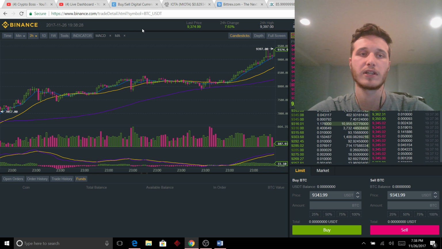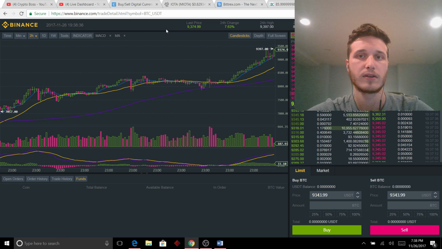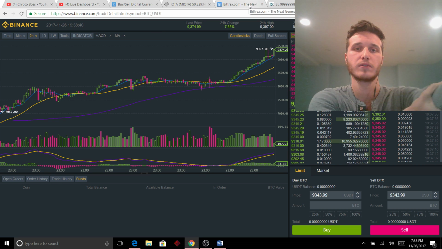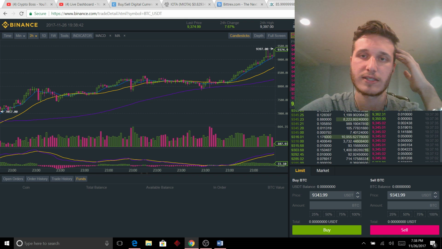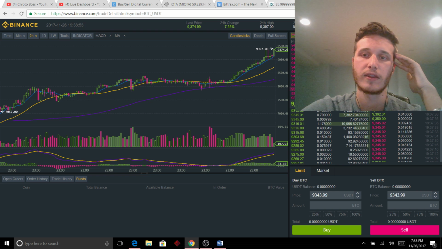All the fees are pretty low. They range from 0.15% to 0.25%. On Bittrex, the fees are 0.2%. On Poloniex, the fees are 0.15% if you're placing a buy or a sell order that isn't already filled.